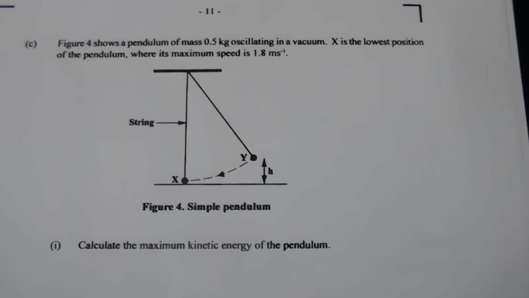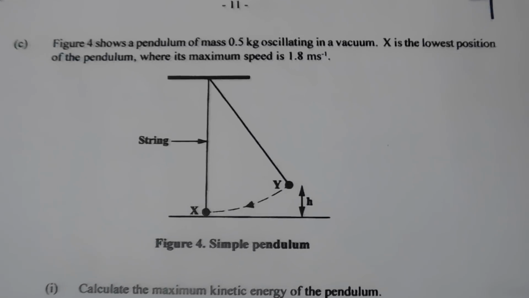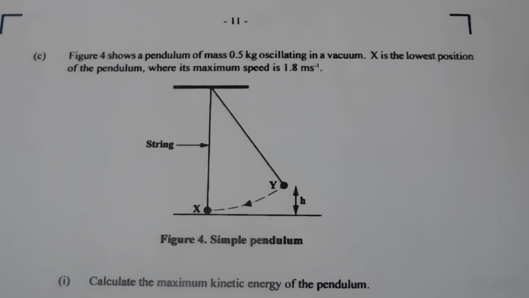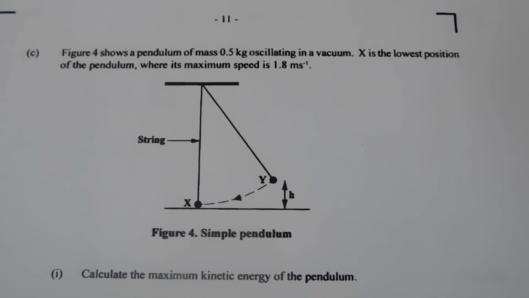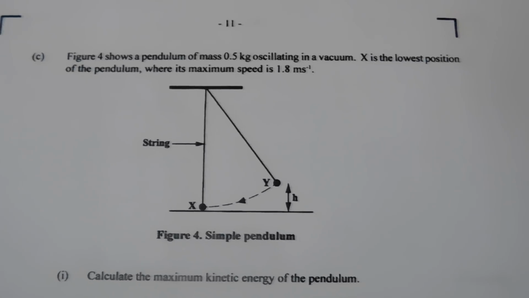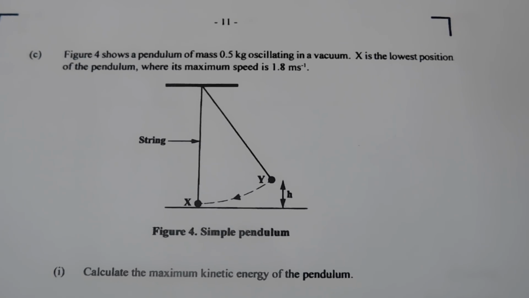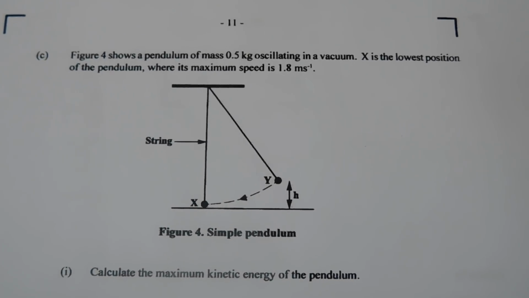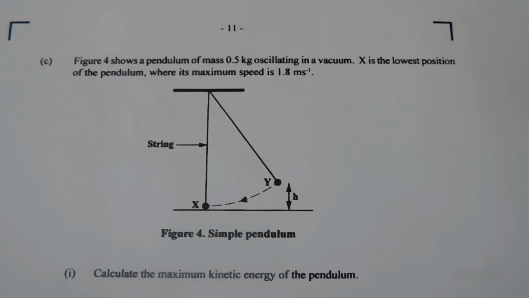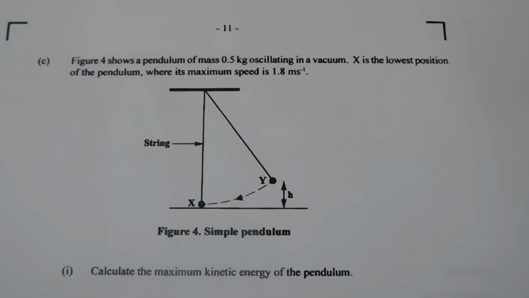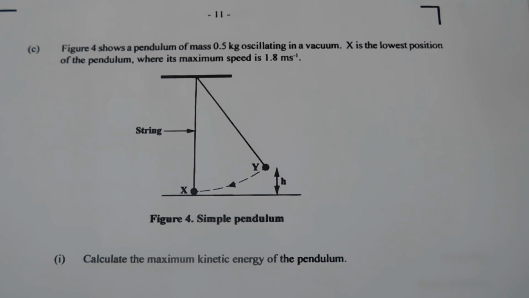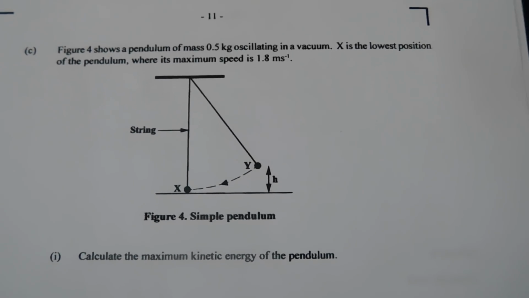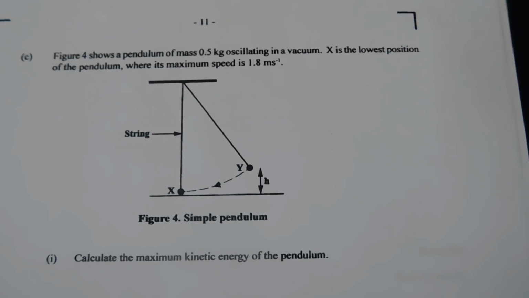So let's go. Figure 4 shows a pendulum of mass 0.5 kilograms oscillating in a vacuum, which means there's no air. X is the lowest position of the pendulum where its maximum speed is 1.8 meters per second. Calculate the maximum kinetic energy of the pendulum.